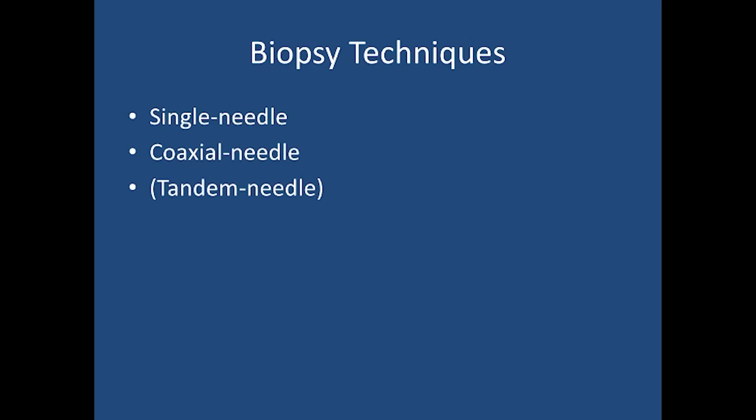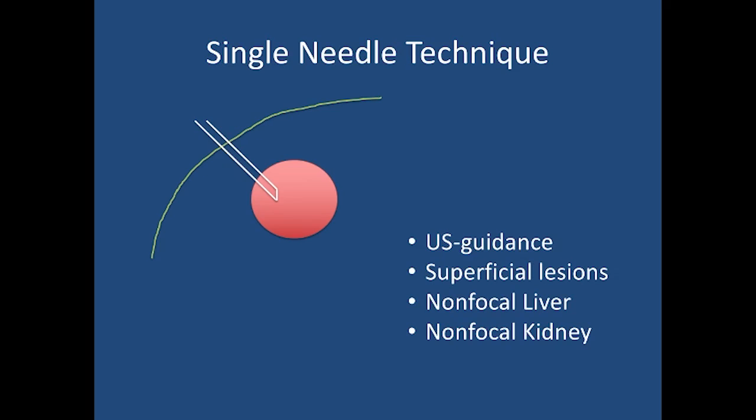There are three general biopsy techniques, with the first two being more common: the single needle technique and the coaxial needle technique, and we'll quickly touch upon the tandem needle technique. The single needle technique involves direct placement of the biopsy needle itself into the target.